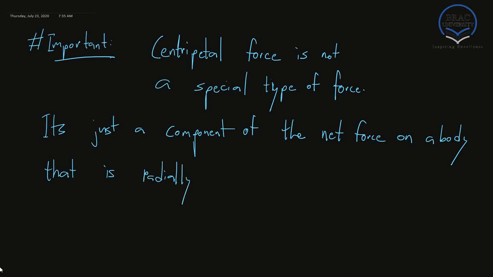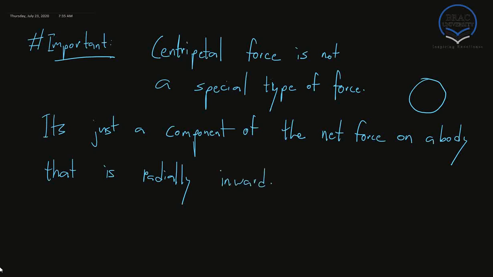If you have multiple forces on a body, of course you find the total force on the body by adding up those forces vectorially. Then if you have a component that always points radially inwards, no matter where the particle is, it points towards some point, then this force is going to cause that body to move in a circle, right? That's what the centripetal force is.